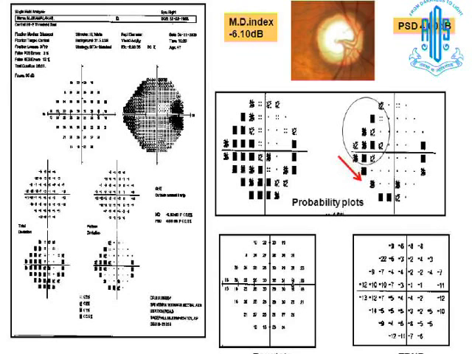The pattern deviation probability plot gives you the direction of progression. Here actually the deep scotoma started here, but in this we do not know where it started and how it is progressing. If you see the pattern deviation probability plot, we can identify it started here as an upper arcade scotoma and is progressing downwards, following the arcade pattern.